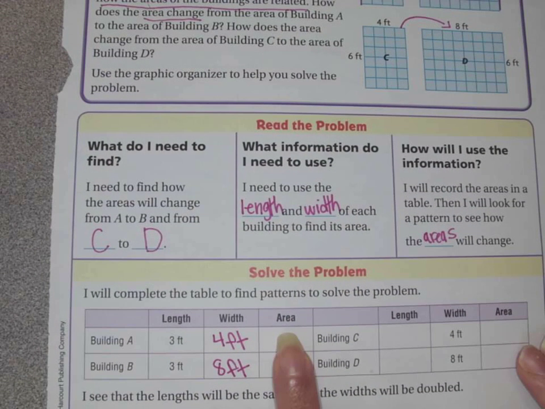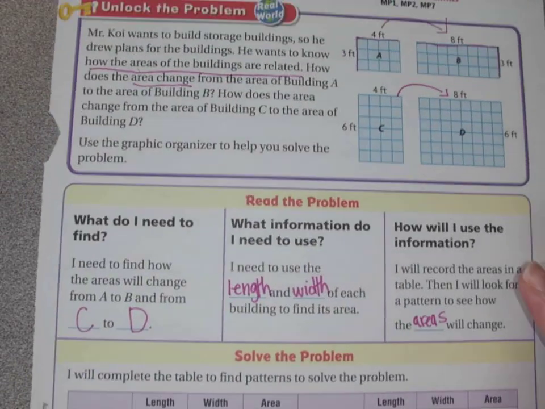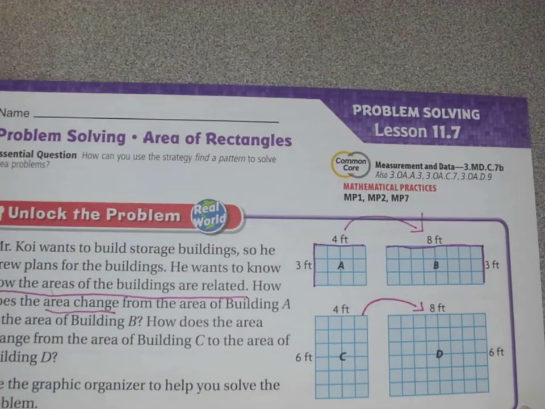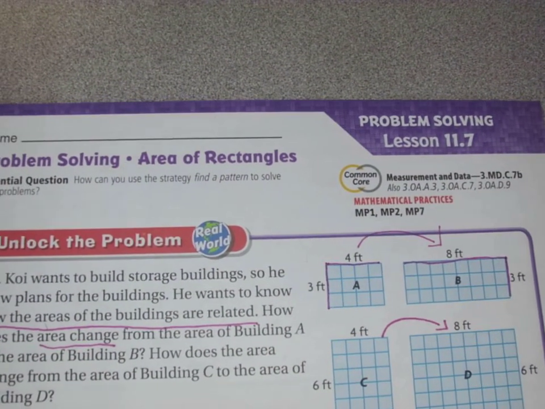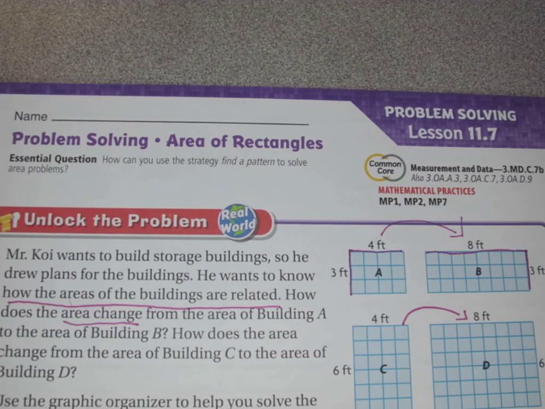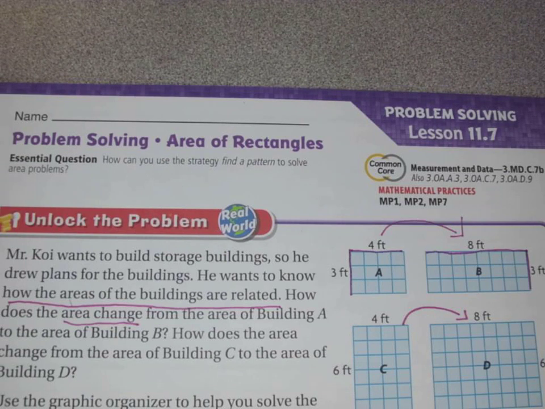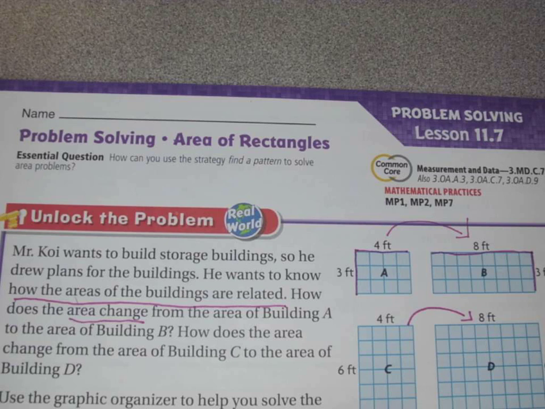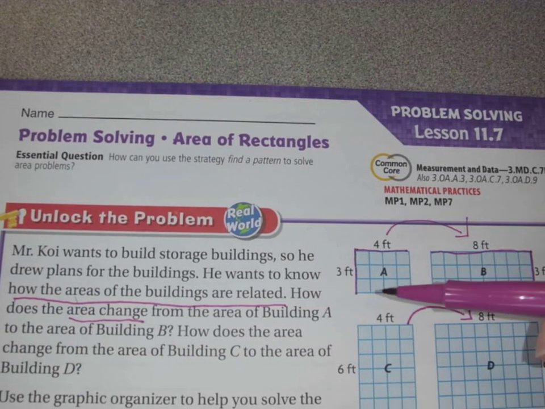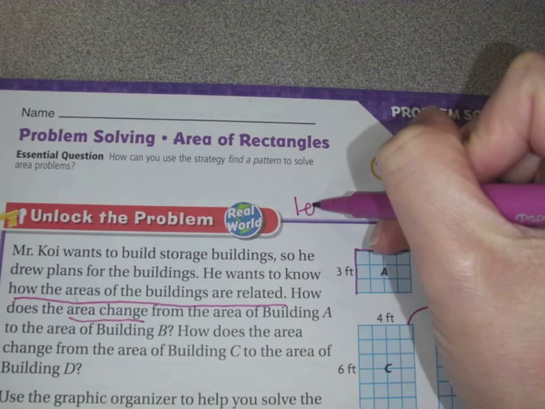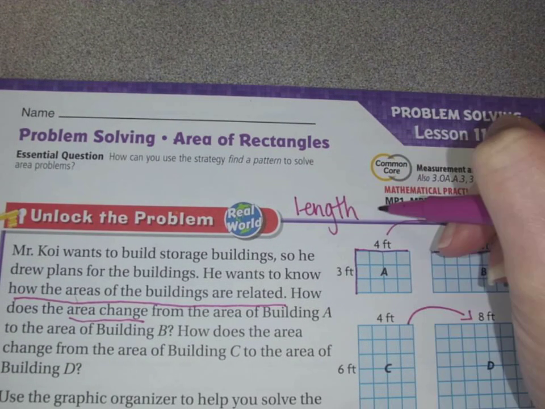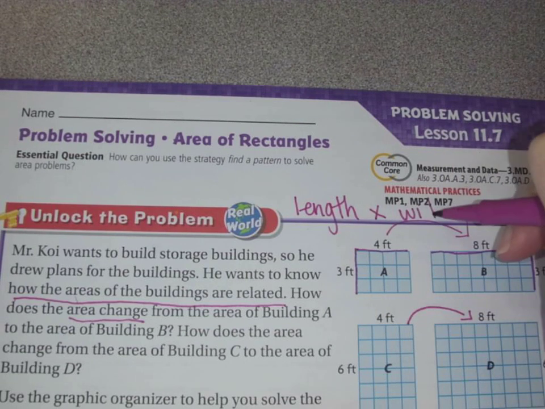Now, to find area, boys and girls, remember we learned we can count the square units, the number of square units needed to cover the inside of these figures of Mr. Coy's buildings. We can use repeated addition, but I'm going to use multiplication. All right, so let's see. Multiplication, we can multiply the length times the width, and we will get our answer.